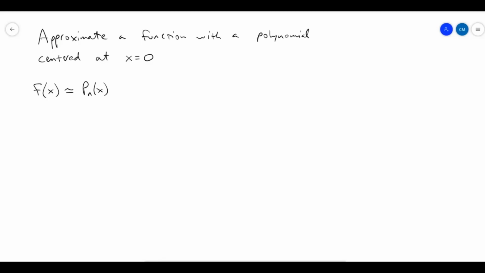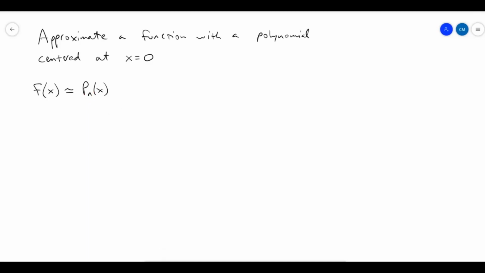So those are good. Again, the goal is to approximate a function f of x with this polynomial function. The p stands for polynomial, and this n is the degree of the polynomial. So we want to approximate this function with an nth degree polynomial, okay? How do we do that, and what's the thinking behind that?